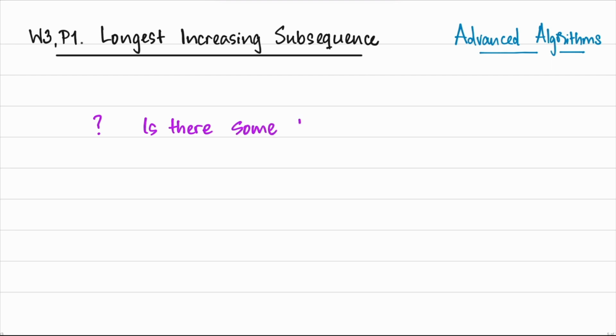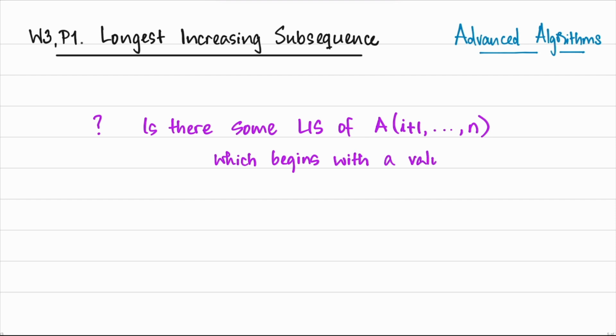some LIS of the subarray that starts at I plus 1 and ends at n, which begins with a value that is bigger than a of I, right?